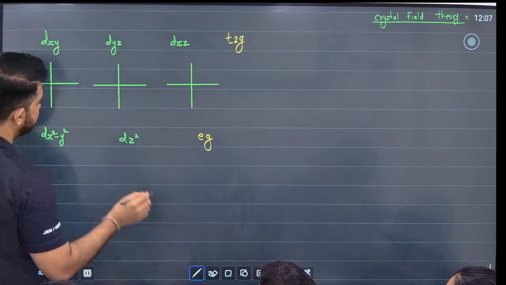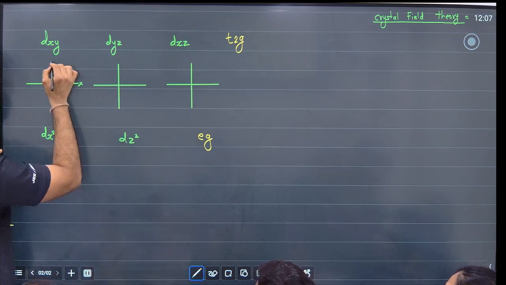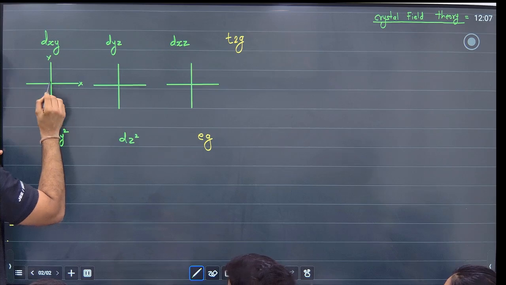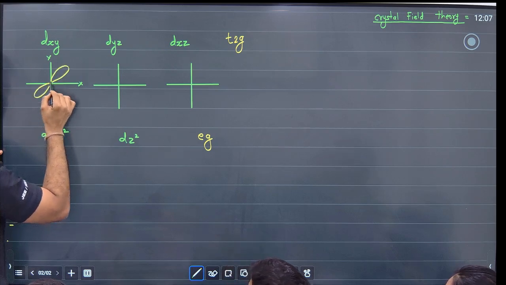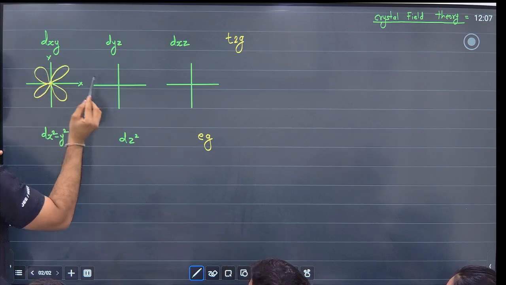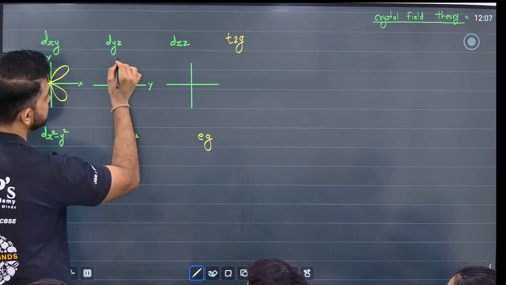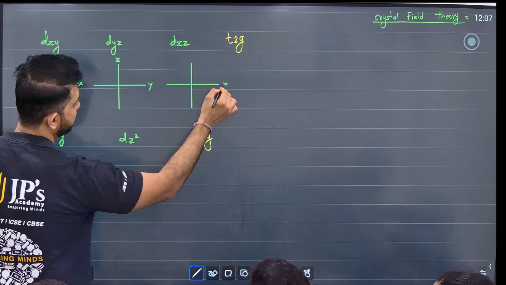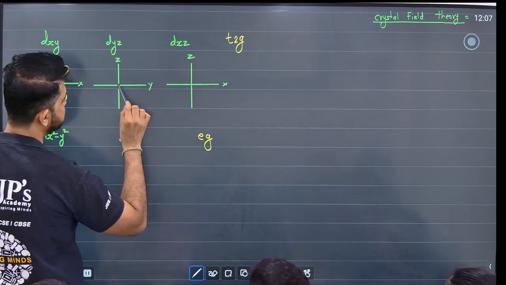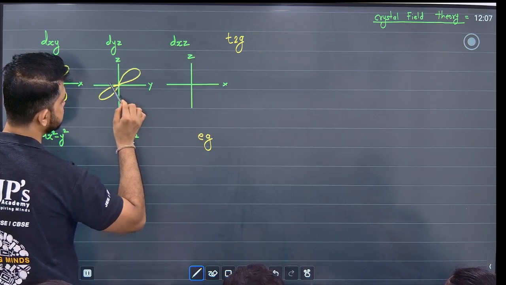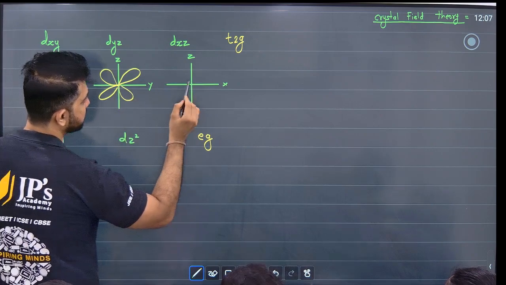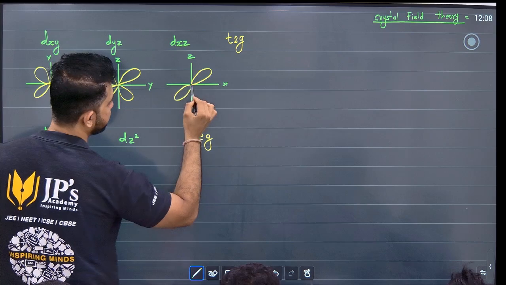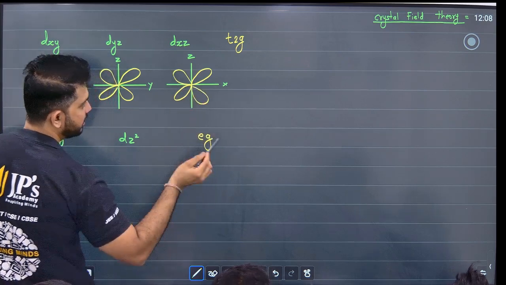Make the shape first. So this is xy. They were double dumbbells. Okay, and this will be yz and xz, same shape. What did we call these?